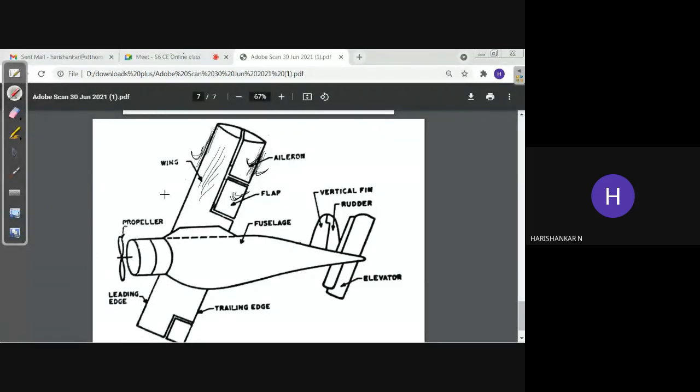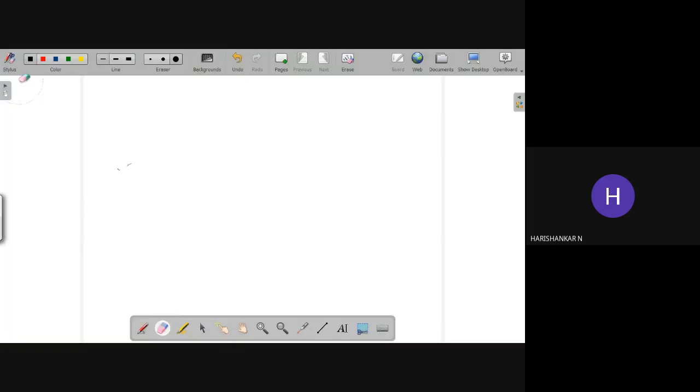If you draw the cross section of the wing, you can see it like this. Here the cross section is shown like this, but it's just provided for understanding purposes only. In practice we are not providing a cross section like this. In practice we provide cross sections like this. What is the speciality of such cross sections?